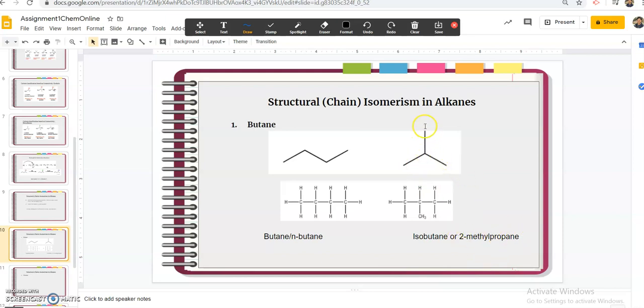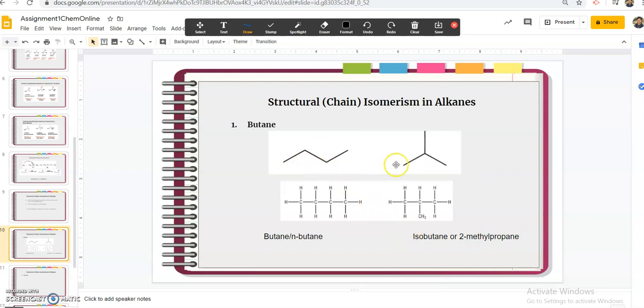The methyl is coming off the second carbon, so it is 2-methyl, and propane is the longest chain. We also call this isobutane, because if you look at the groups around this central carbon, they are identical, all methyl groups. That's why it's called iso, iso meaning same. So there are two chain isomers of butane: n-butane and 2-methylpropane, or isobutane.